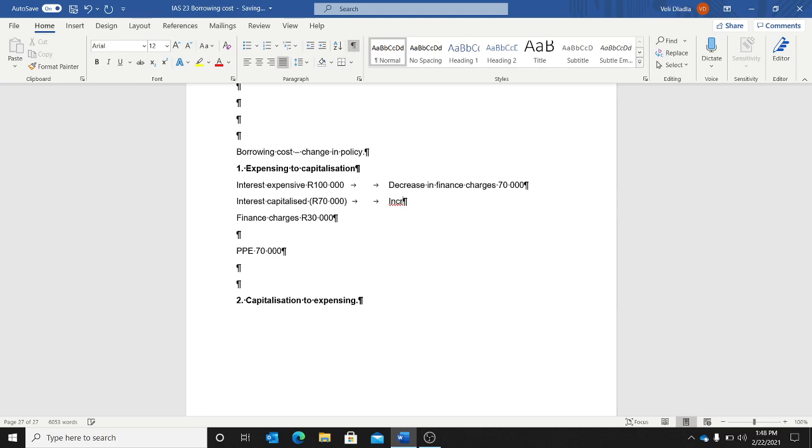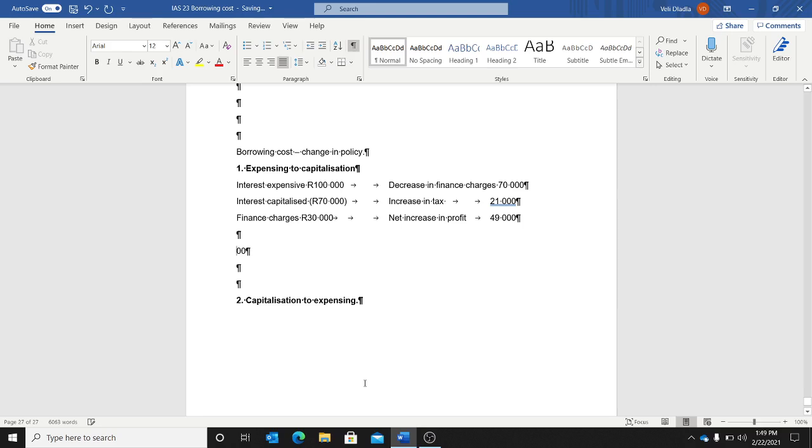Increase in tax, let's assume 30%, at 30%, 7, 14, 21, 21,000. That will give us a net increase in profit. Now I'm talking about the income statement here. 70 minus 21, 49.